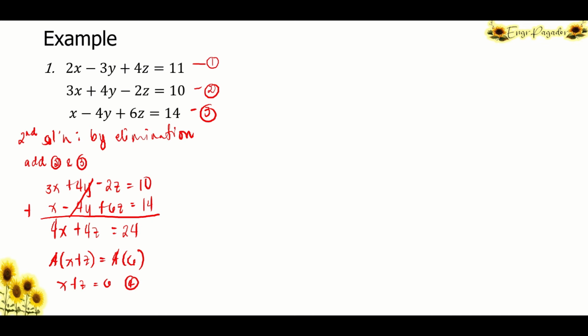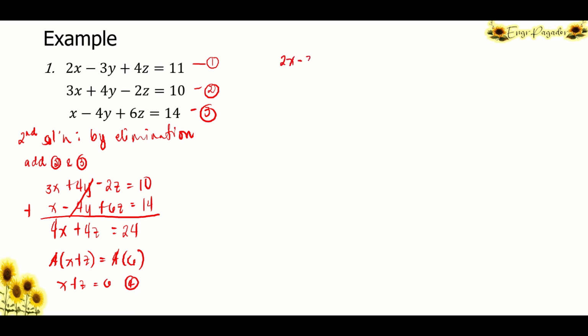So, the next thing na gagawin natin is to again eliminate. Okay? So, ano yung pwede nating i-eliminate dito? Since wala na silang like terms, okay, kasi nagamit na natin si 2 and 3, no? Since wala na tayong like terms dito, what we do is to multiply a constant dito sa mga equation natin. So, let's multiply 4 to equation 1 and 3 kay equation 2 para matanggal natin or ma-eliminate natin yung second term.